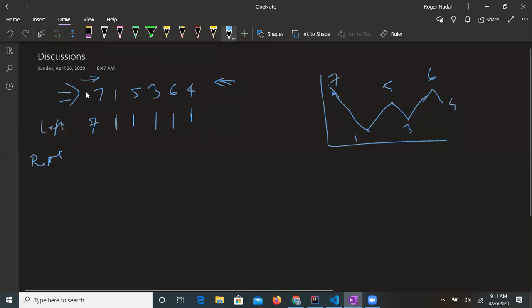So from the right side, I could have done, okay, maybe 4 so far, then 6, much better. On 3, I would still say, hey, I would choose 6 rather than 3. And then again I would choose 6 because 5 is less than 6. And then 1, again 6. And then 7, I would choose 7 actually.